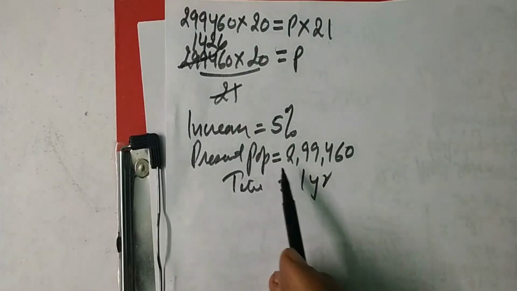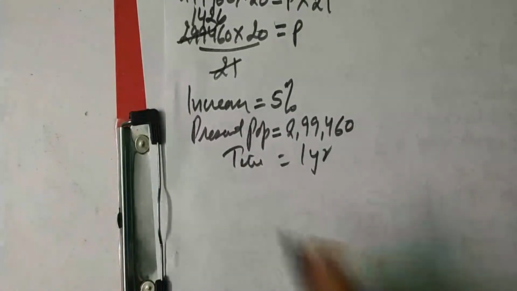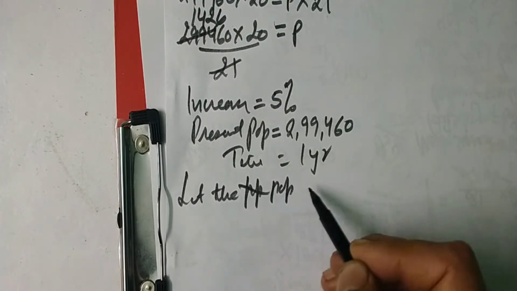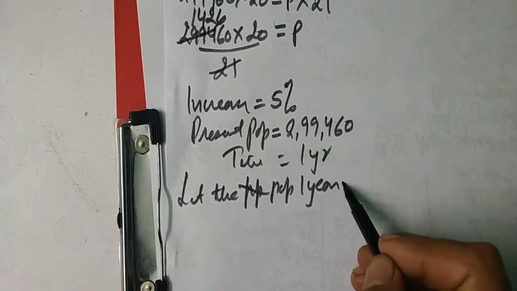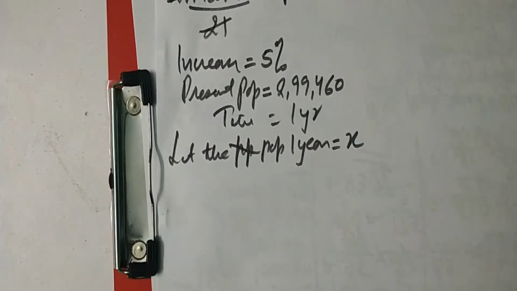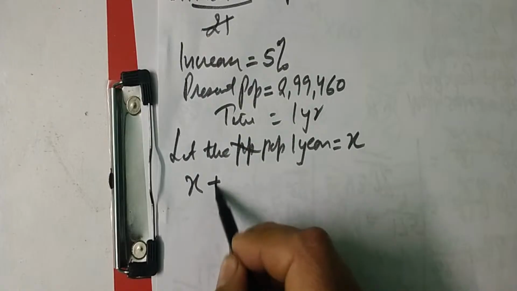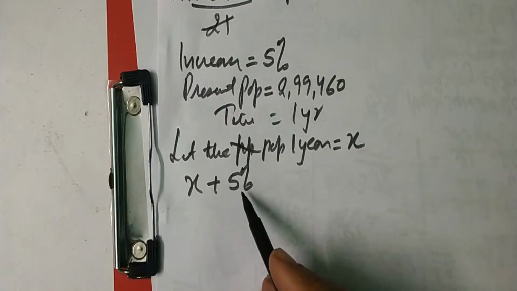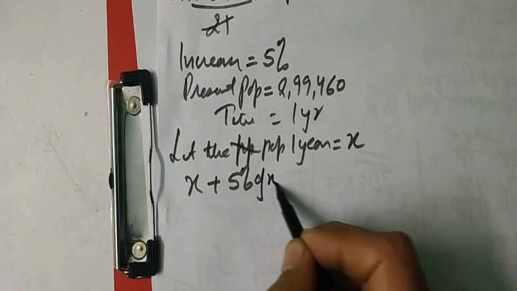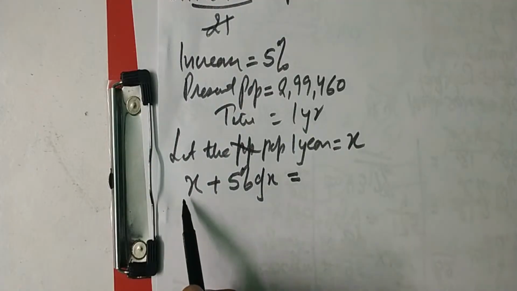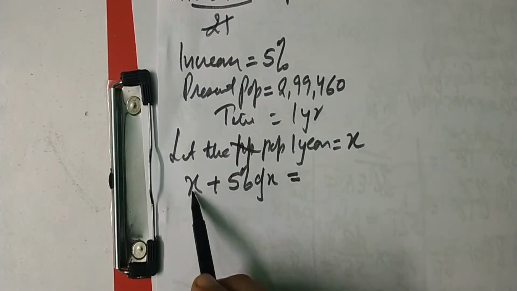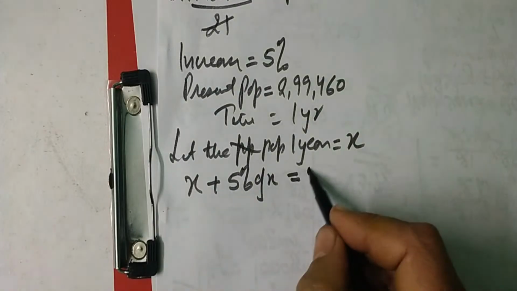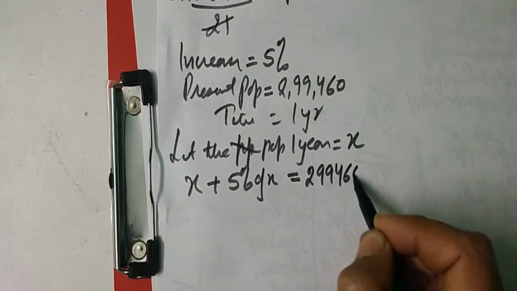So if today the population is this, we don't know the population 1 year ago. Let the population 1 year ago be X. This population increased by 5%, 5% of X. When you add the previous year's population plus the increase, X plus 5% of X, it will become 299,460.